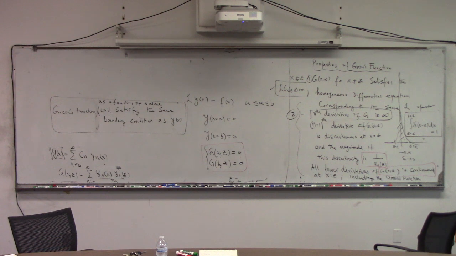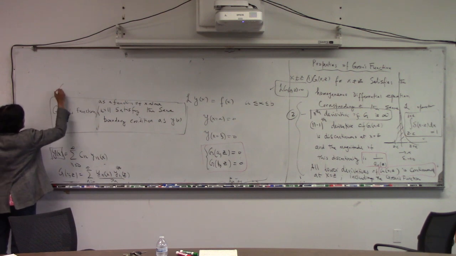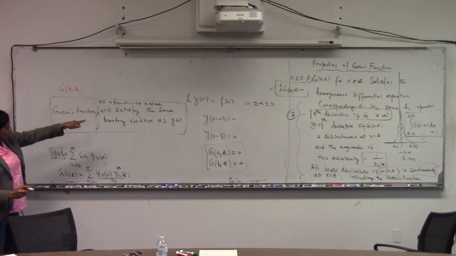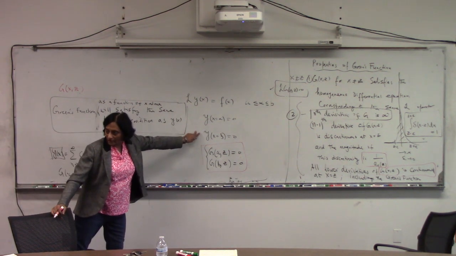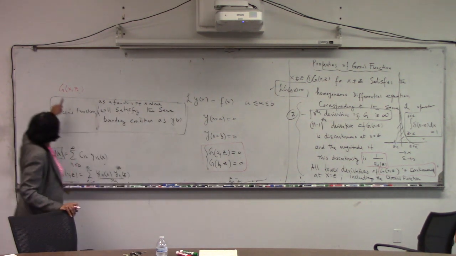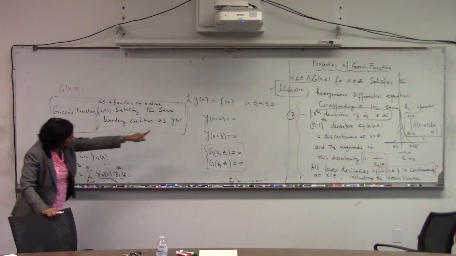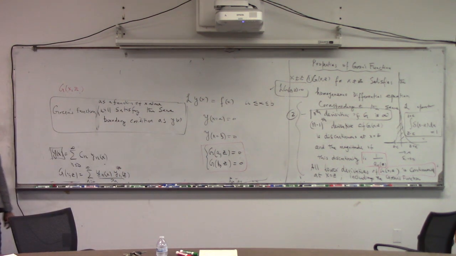Is that supposed to say Green's function will satisfy the same boundary condition as y of x, or is it supposed to say Green's function? As a function of x alone, because g is a function of two variables, x and z, right? And y is a function of x only. So when x equal to a, it will have the same boundary condition, for any z but x equal to a.